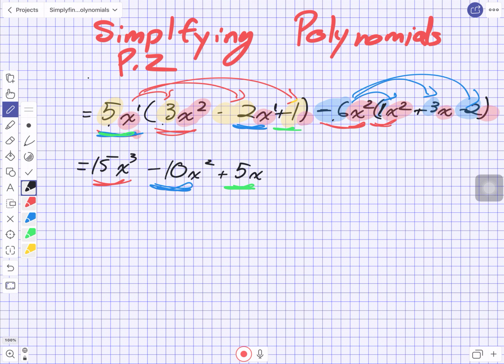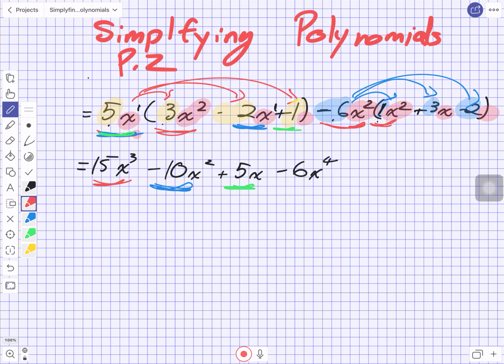So negative 6 times 1, what does that give you? Negative 6. That's okay, you're overthinking it. Negative 6, and then what's our exponent in this one? X to the power of 4. Very good. We added the 2 powers, so we got x to the power of 4.